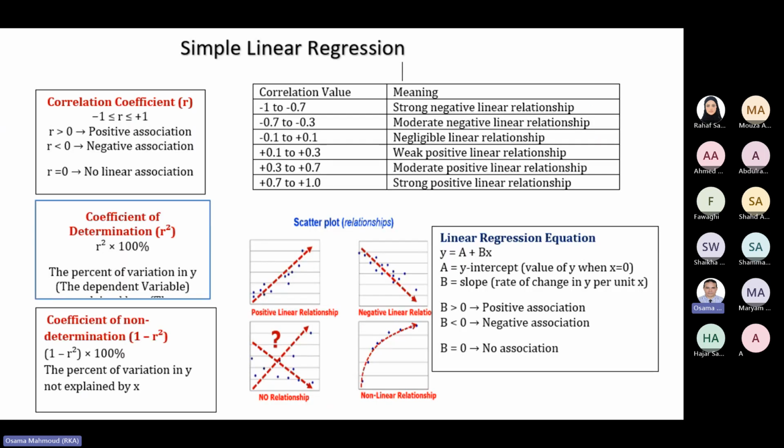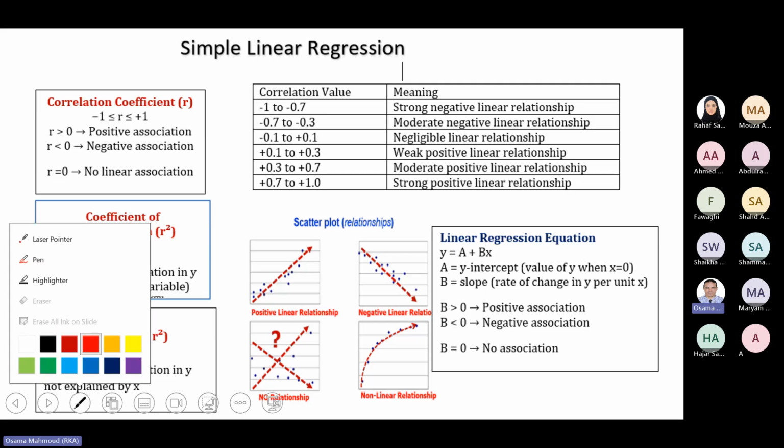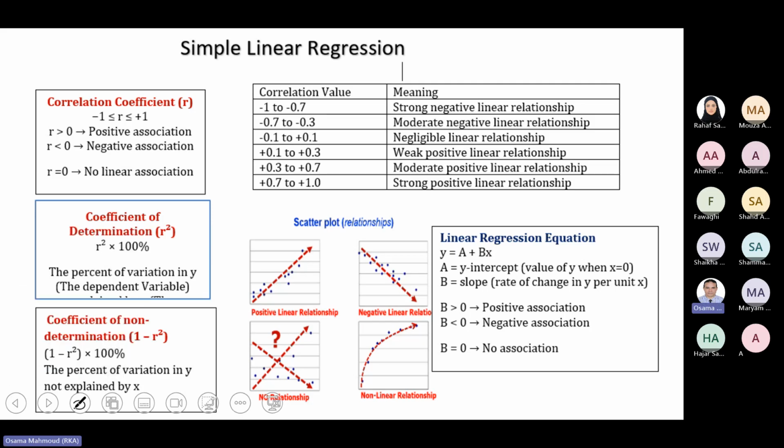This is CLO3, simple linear regression equation, and the correlation coefficient and the scatter plot. Make sure you understand when R is positive, the slope should be positive, and the scatter plot from the left to the right is going up.